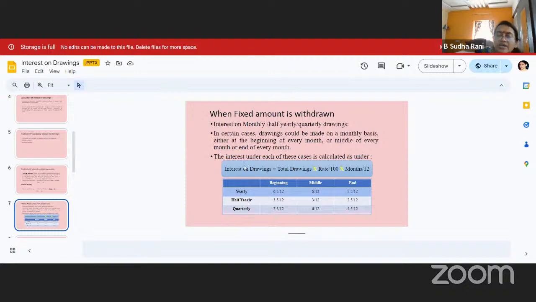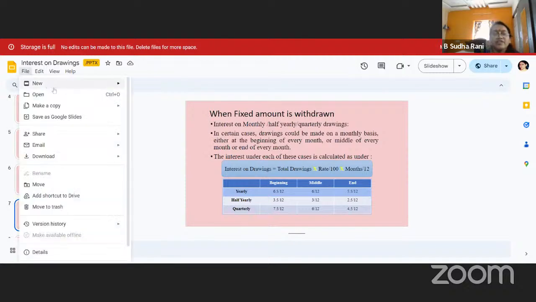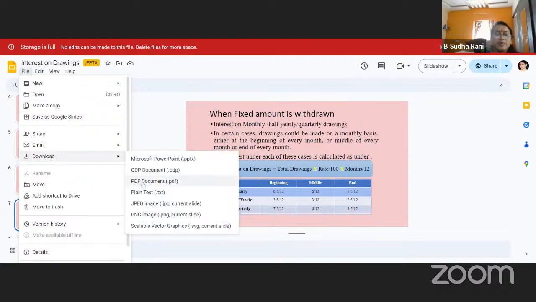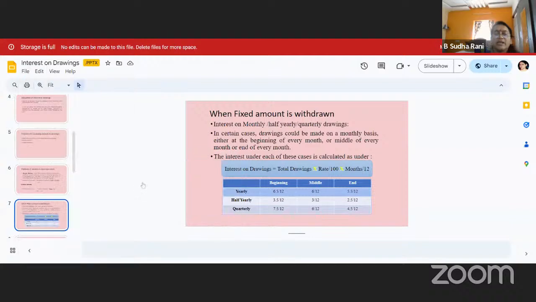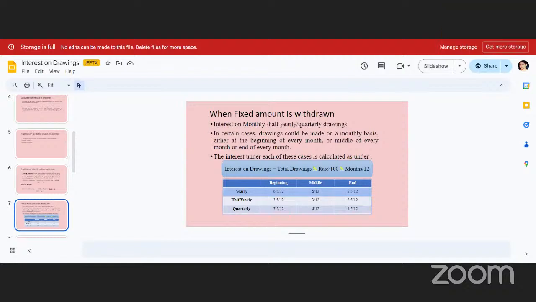So remember this table, take a screenshot of this table or I'll share. But I'm telling you all again, for theory only you follow this. For problems, only this table you remember, apply the formula and substitute the values accordingly. Are you getting what I'm saying? Yes, ma'am.